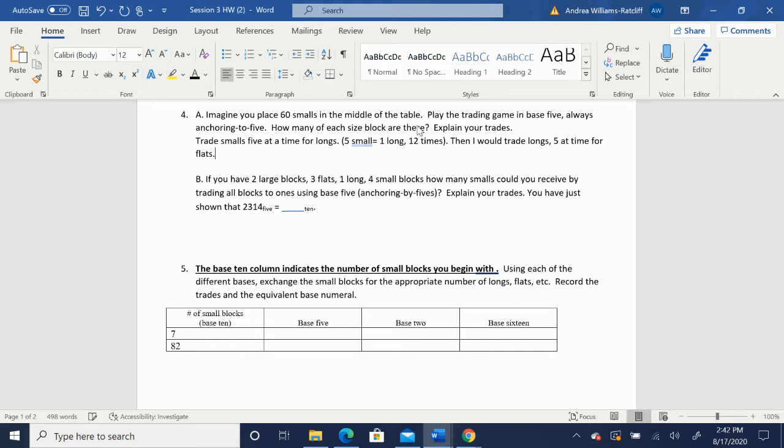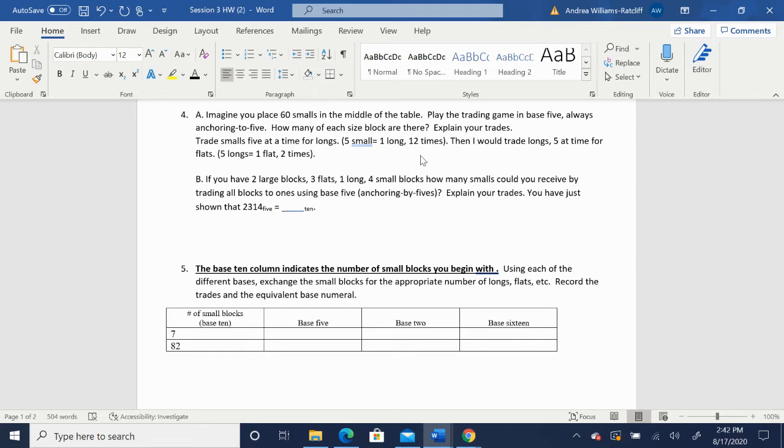We know that 5 longs equals 1 flat, and I'm going to have to do that twice. Okay, why? Because if I have 12 of them and I'm removing them 5 at a time, I will be able to remove 2 sets of 5, and then I'll have 2 left over.